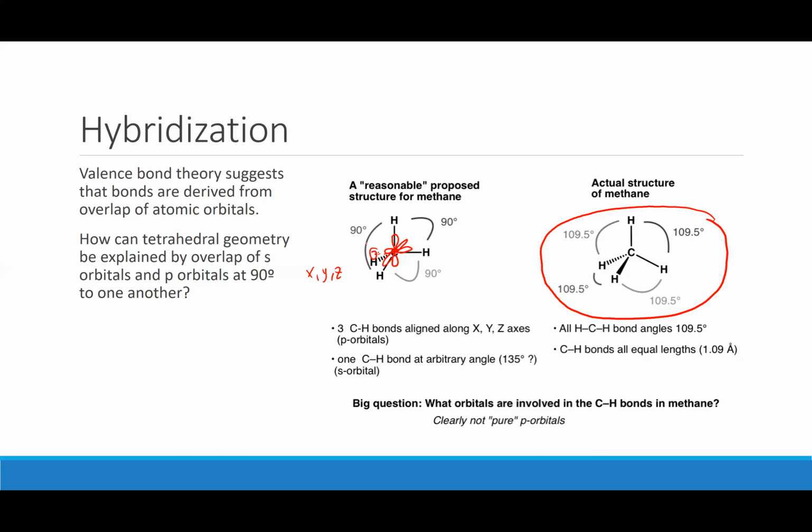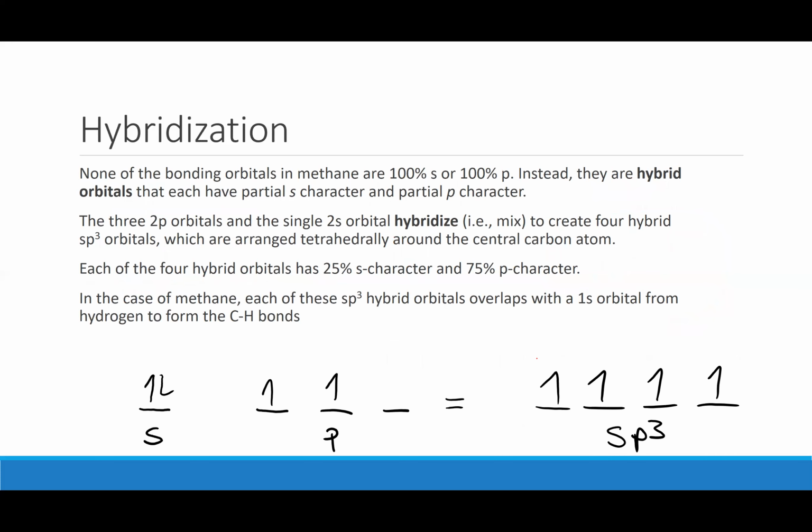This might make you think that the bonds would be at 90 degrees with some other arbitrary angle, maybe 135, using its s orbital. But we know that this is not the case, and instead it has four bonding orbitals that are at the same distance from each other with the same properties. So how does it do that?